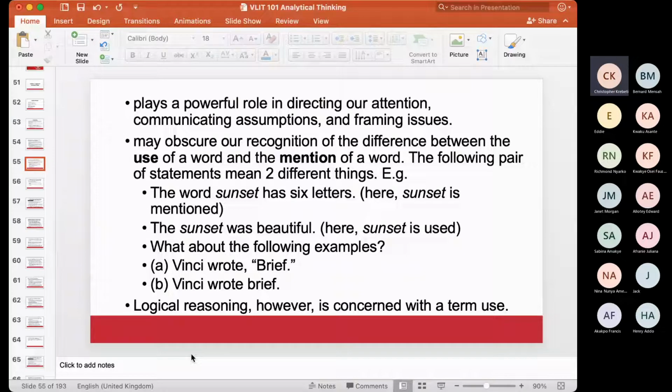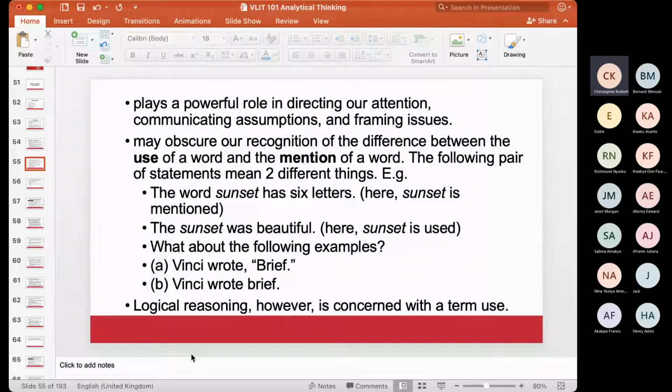So when we come to the logical usage of language, we are thinking about how a word is used. If you look at some of the things I taught in Introduction to Logic, the confusion has to do with how terms are used.